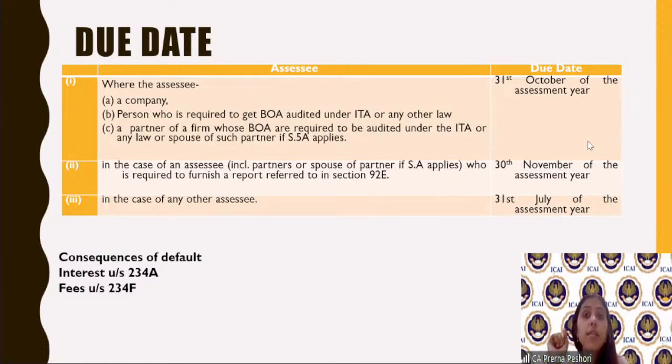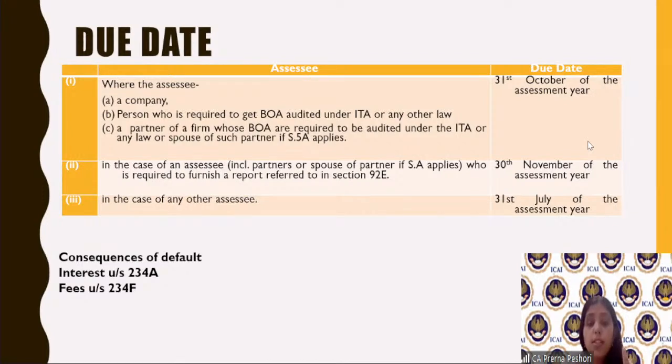So there is interest under section 234A, and there is 234F, which is a fee for default in furnishing the return of income. Is it clear? So if you do not furnish your return of income within time, you have 234A as well as 234F. Right?